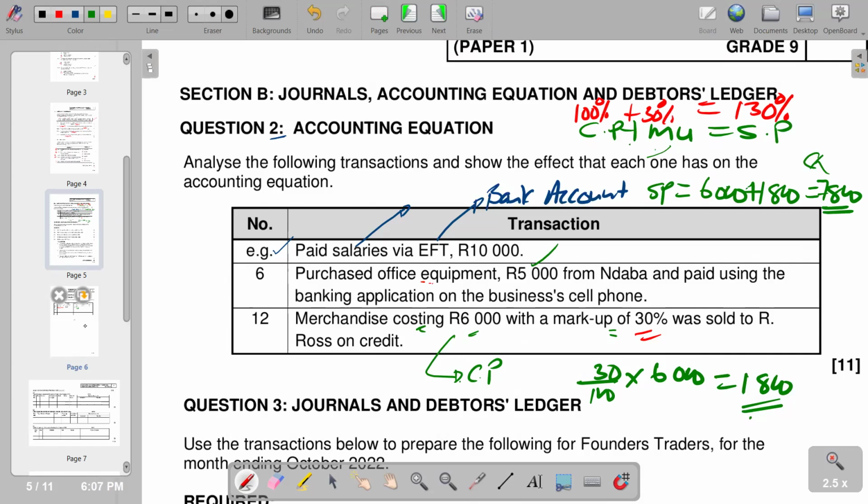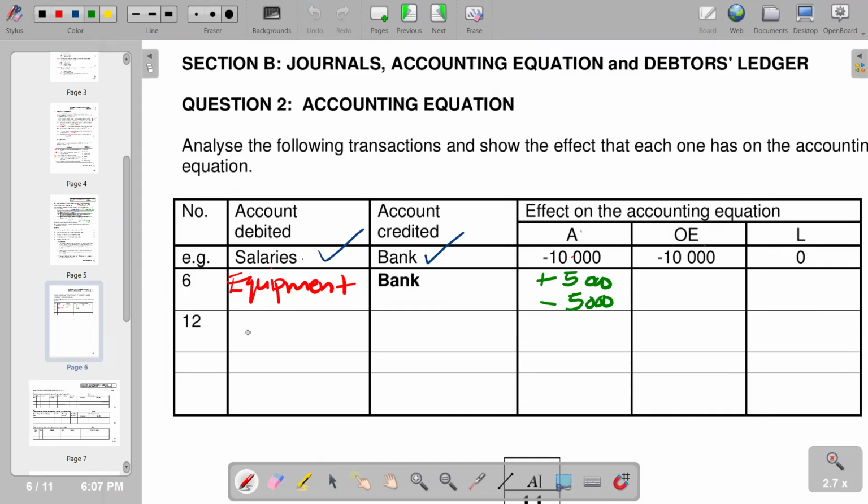That is the double entry at cost price: we debit cost of sales, we credit our trading stock. So we come here, we are going to debit cost of sales, and then we credit our trading stock. This is at a cost price, of which we are given the cost price as 6,000 rands.